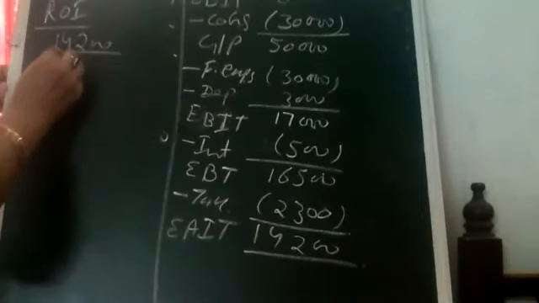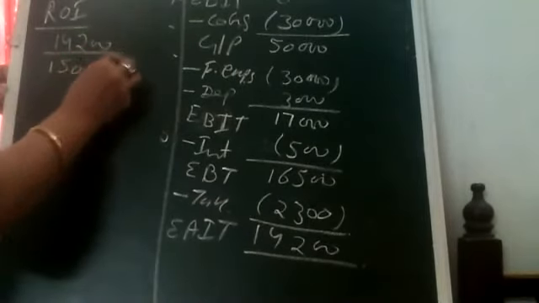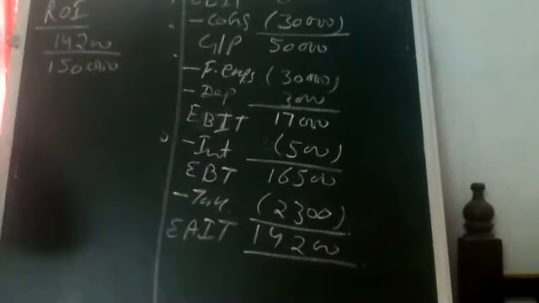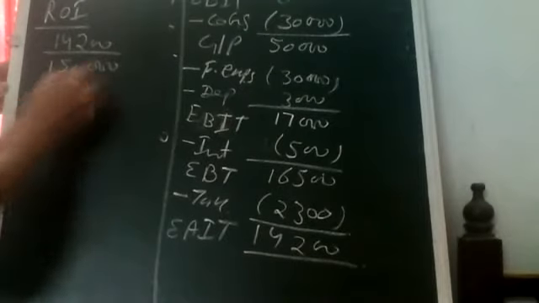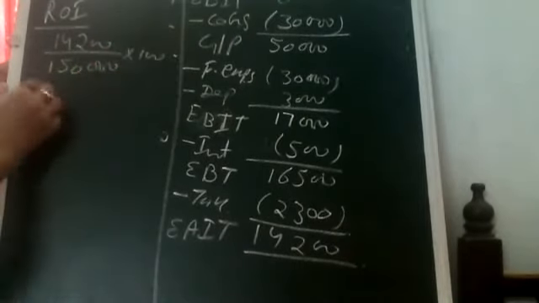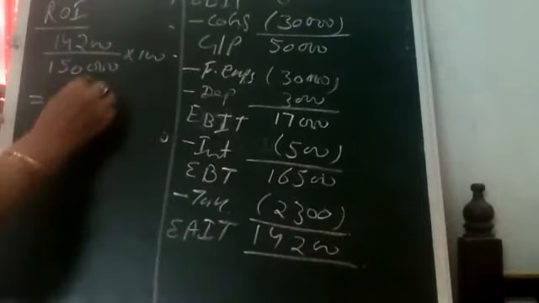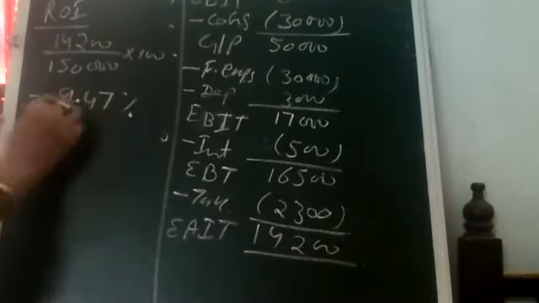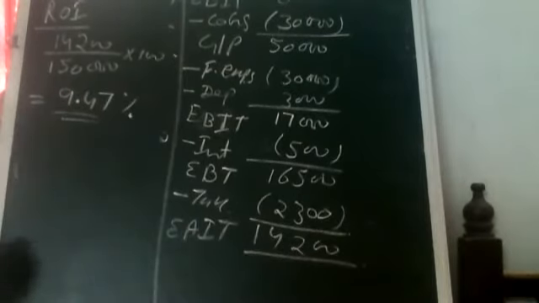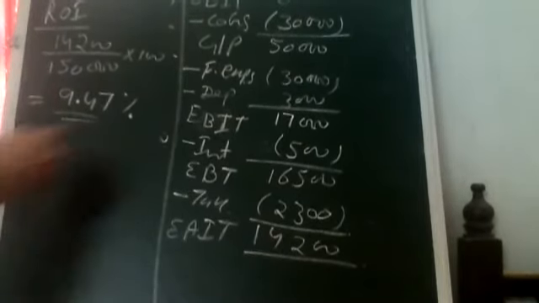Total investment was 1,50,000, into 100. Do the calculation and find out the percentage. This is 9.47%. Clear? This is called return on investment.